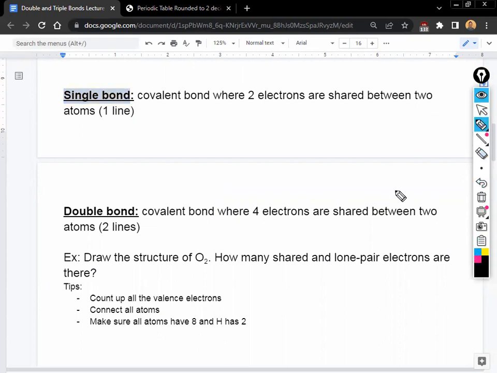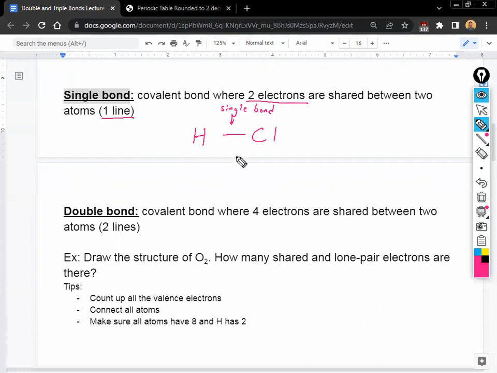A single bond is basically when you share 2 electrons, so single bonds are either 2 electrons or 1 line, when you have 1 line between 2 elements. So for example, HCl, this 1 line is called a single bond. Basically, everything we've been doing so far has been single bonds.